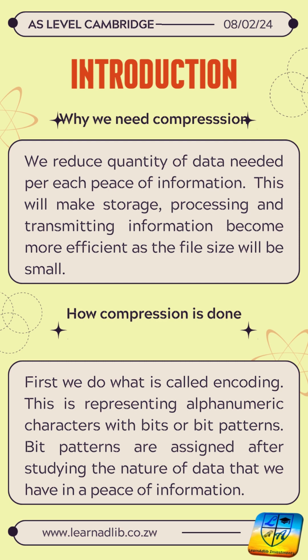It's because we encode by giving fewer bits per each character. If we change to say each character, instead of it being represented by 8 bits, we can now represent it using 4 bits. It actually means we are reducing the size of the file. We are compressing.